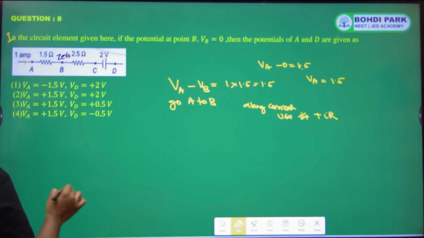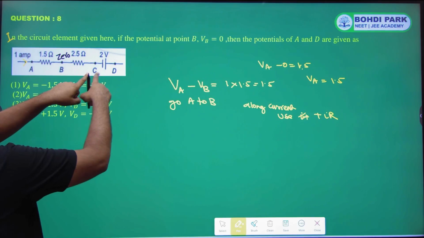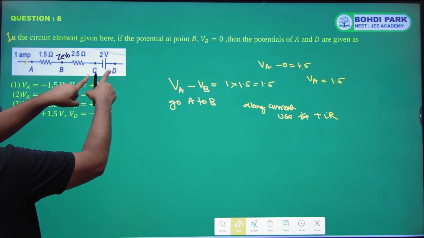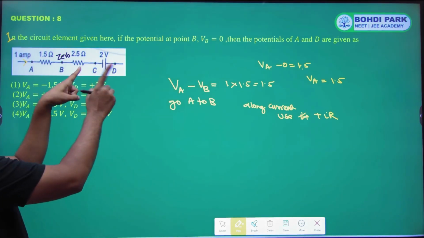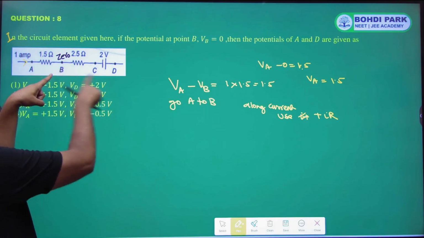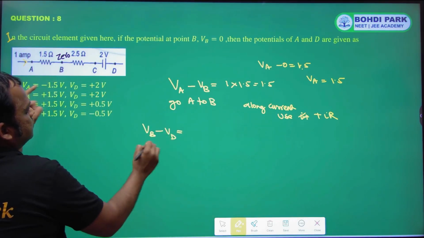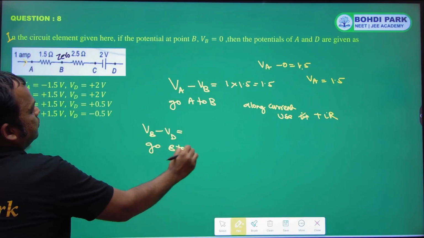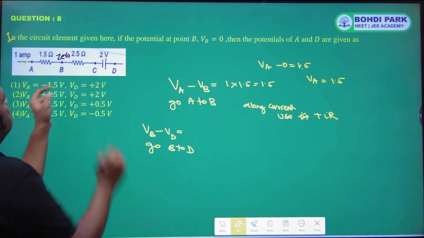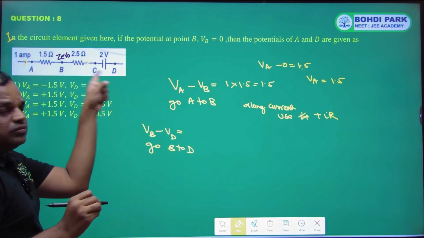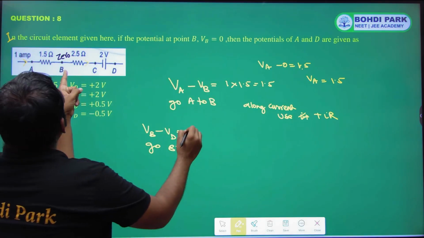Now similarly, you see C to D, but we don't know the potential of C. So B we know. So B to D you consider. So VB minus VD. So go B to D. So along current we are going. So again plus IR.